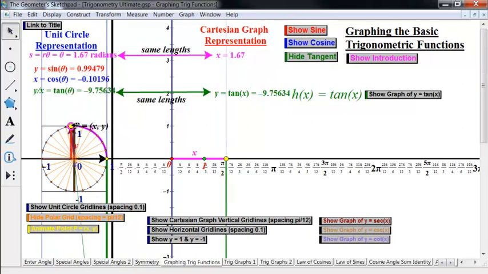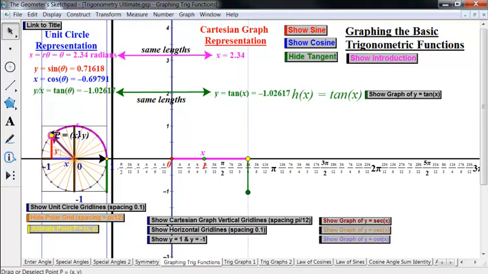But if we go a little bit to the other side, tangent is negative, but it's way down here, close to negative infinity, and coming up from negative infinity, closer and closer, when you get halfway in here, we're at negative 1, and as we go around here, we work our way back up to 0.